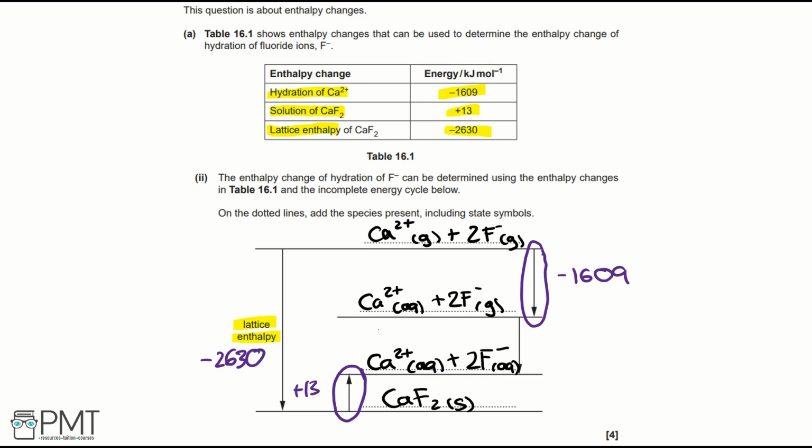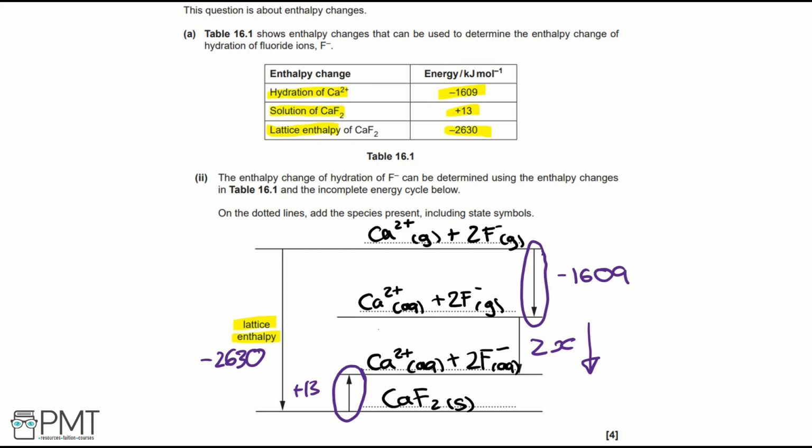Next, we need to fill in an algebraic symbol for the arrow for enthalpy change of hydration of F-. So this would be 2x. X if it was 1 enthalpy change, but we're using 2 F- ions throughout this whole energy cycle, so we need to say 2x. Now, a bit like a Hess's cycle, rather than going the direct route, we need to work our way around the energy cycle, finding an alternative route for 2x.